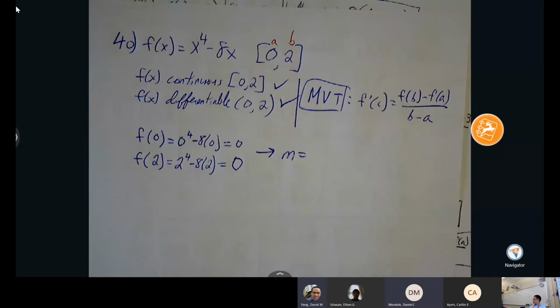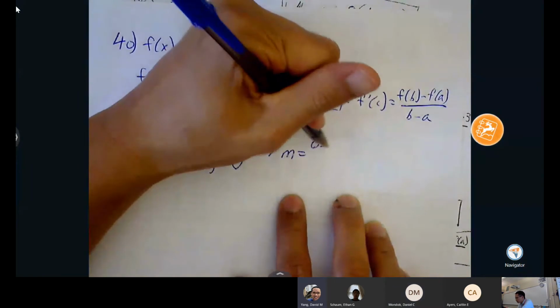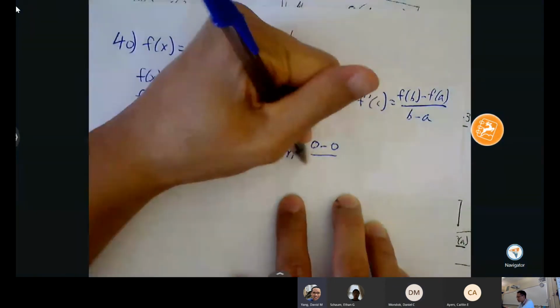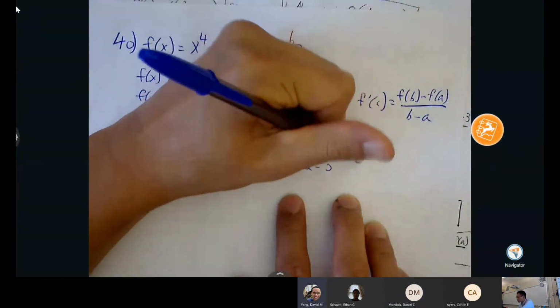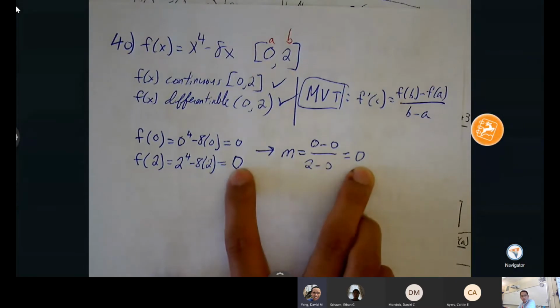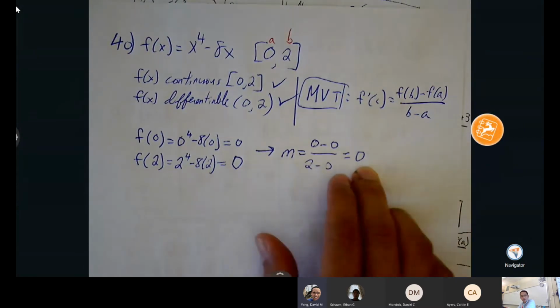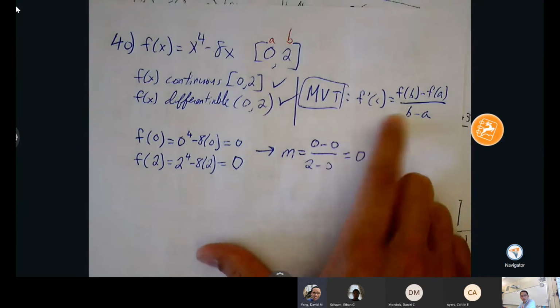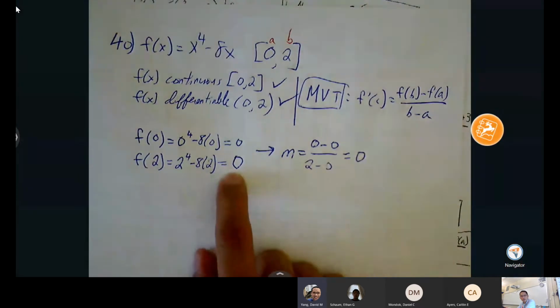Would that be 0? Yeah. So change in y over change in x. So we could call this Rolle's theorem, but this is also mean value theorem. It's just one specific version of mean value theorem.